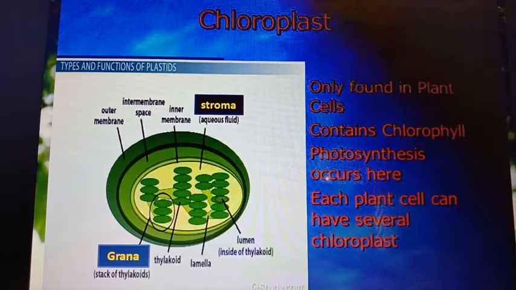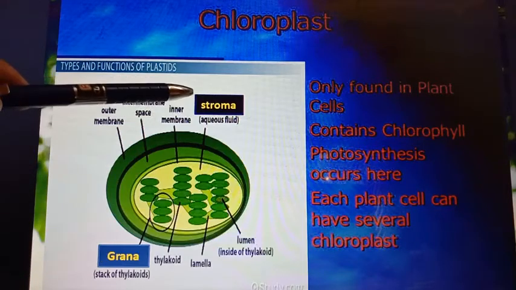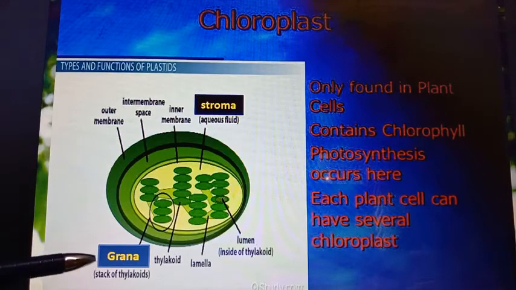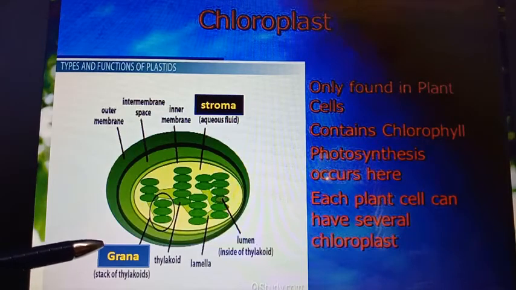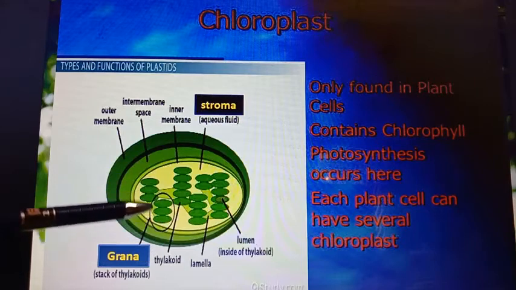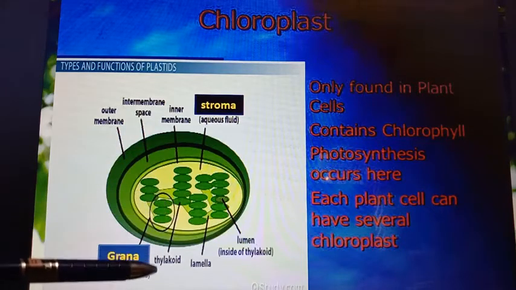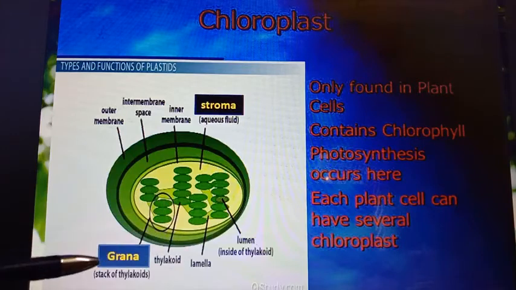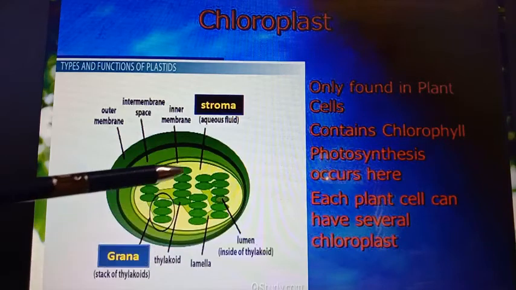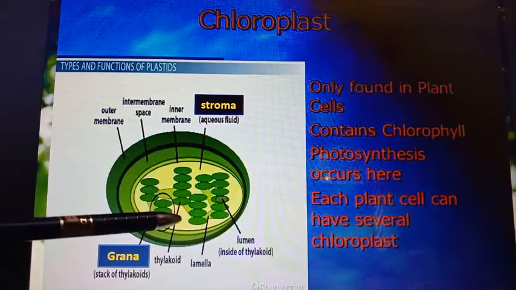It mainly contains two regions. One is grana, another one is stroma. So what is grana? Grana are the stacks of membrane bound flattened sacs or discs known as thylakoids. So grana contain the stack of thylakoids.